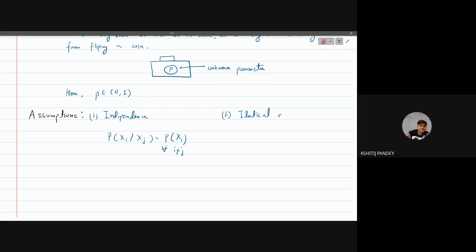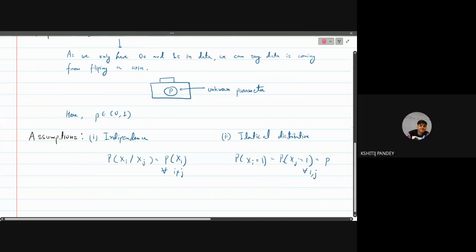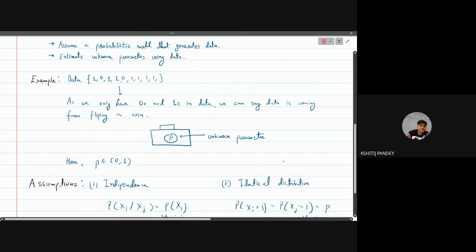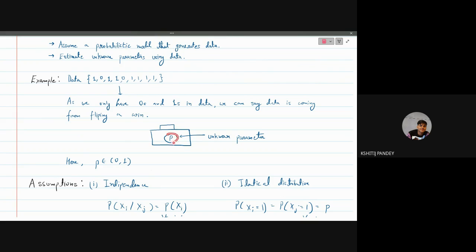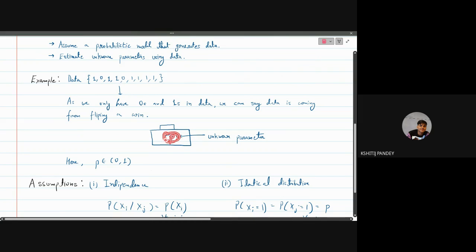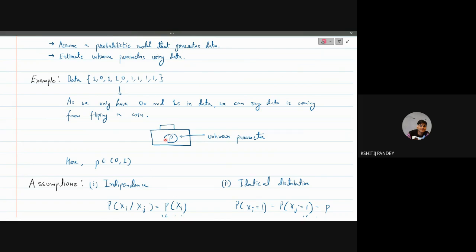Mathematically, probability of xi equal to 1 is equal to probability of xj equal to 1, and it is equal to some p that we don't know, for all i, j. So these are the two assumptions we have to make before jumping into what's a good choice of p. Okay, so any doubts so far?